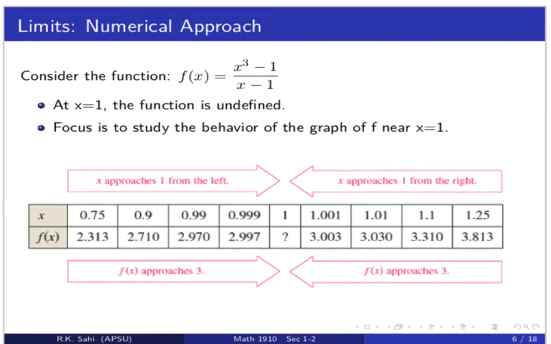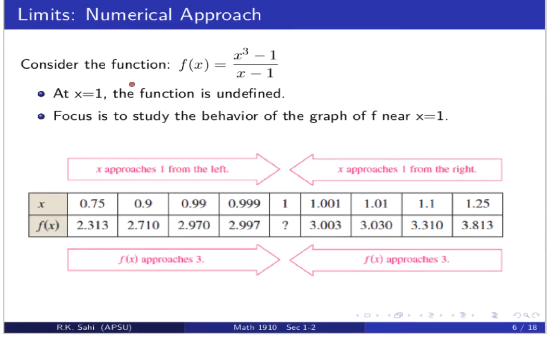So remember, in the example last time, we had the function f(x) = (x cubed minus 1) over (x minus 1). Clearly this function is not defined at x equal to 1. So calculus asks what is actually happening at the point 1 where the function is undefined. There's something really going on, and we would like to study that.